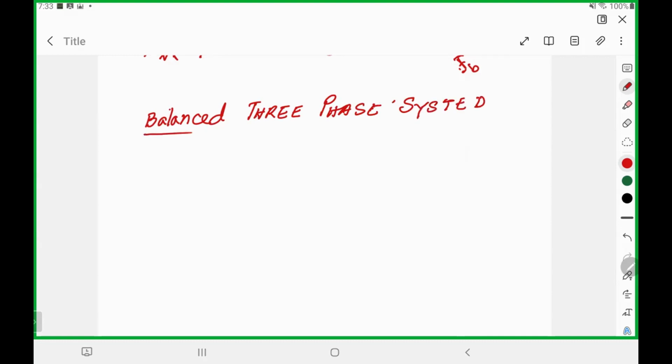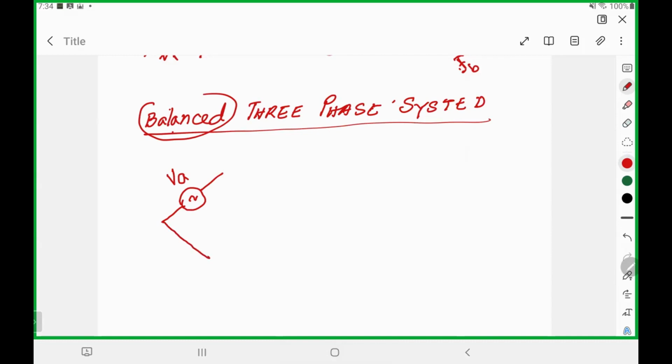Whenever we mention balanced three-phase, that means I can draw a similar three-phase circuit with, say, VA voltage connected. Let's draw it the other way. So we have similar to this one. This is VA, then we have VB, and we have VC.